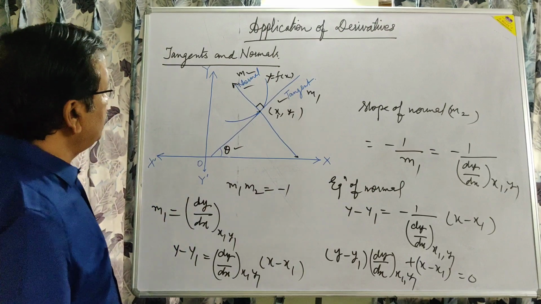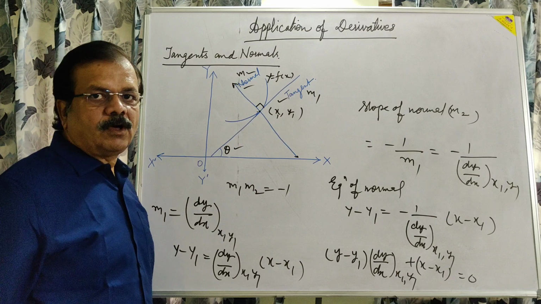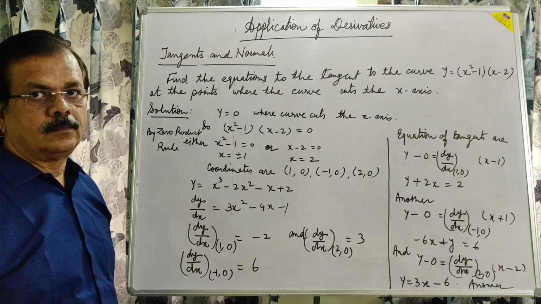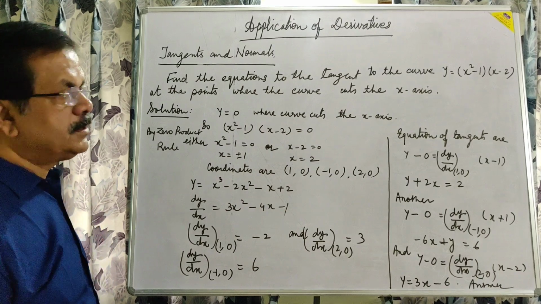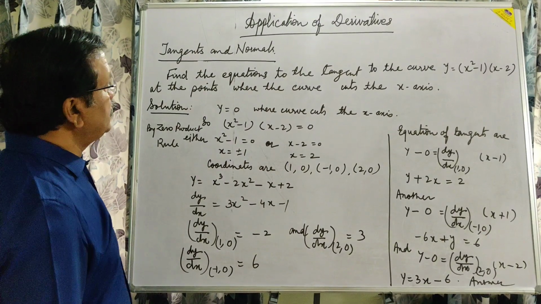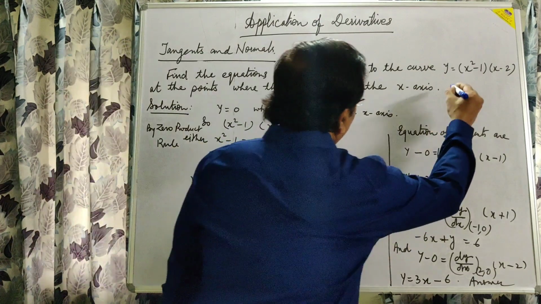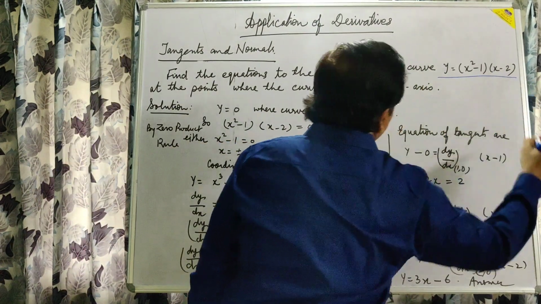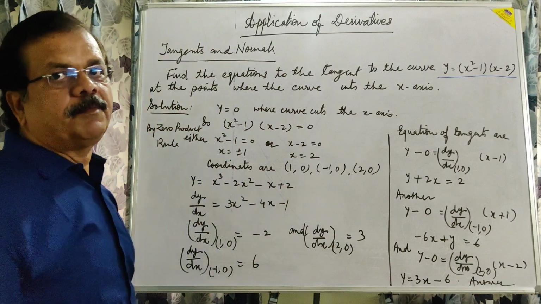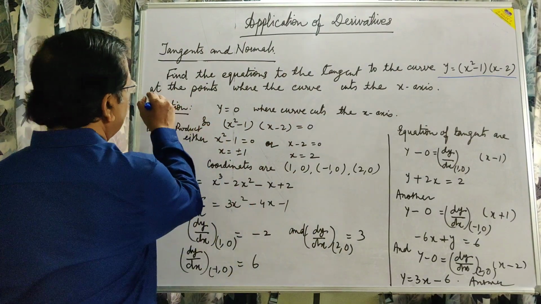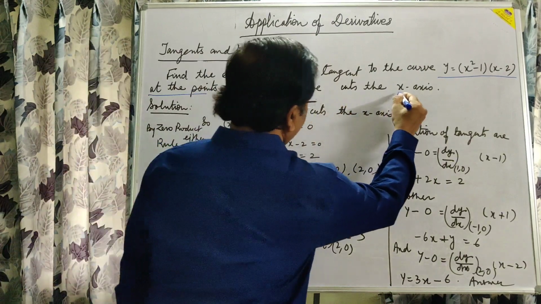Now with the help of this concept we will solve a few problems from this chapter. This is the first question. Find the equation of tangent to the curve y = (x^2 - 1)(x - 2) at the points where the curve cuts the x-axis.